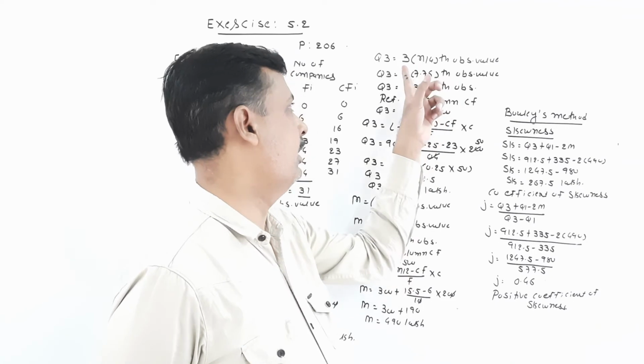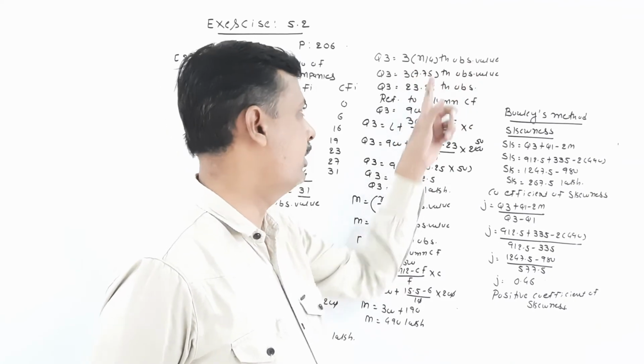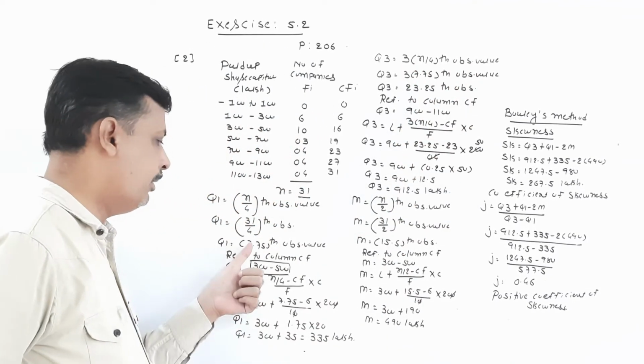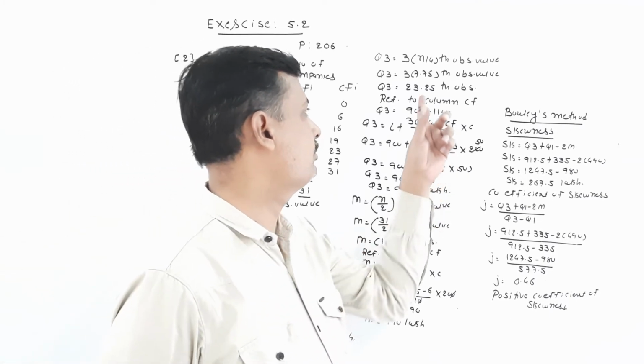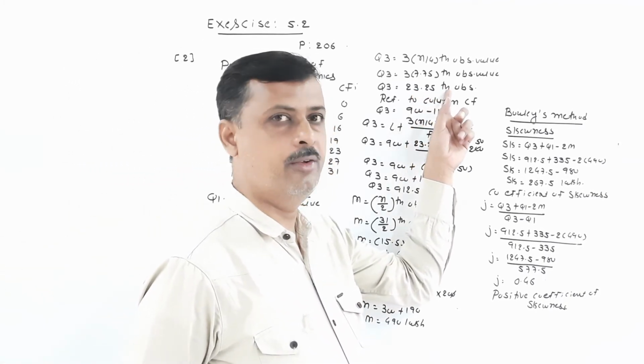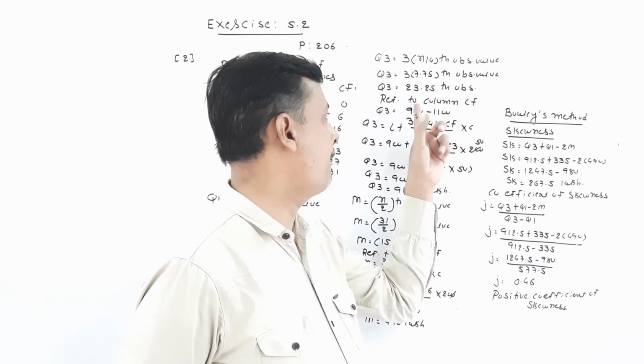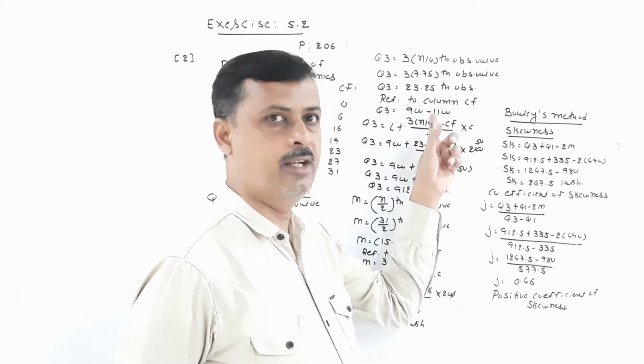Q3 is equal to 3N by 4th observation, 3 into 7.75, 23.25 observation. Refer to column CF, that is 900 to 1100.